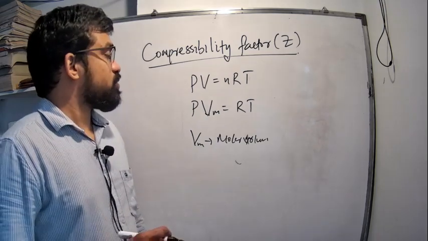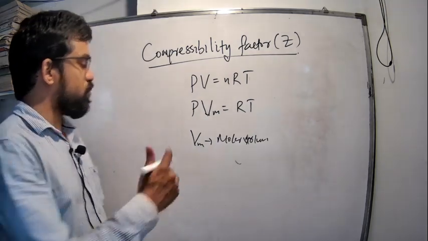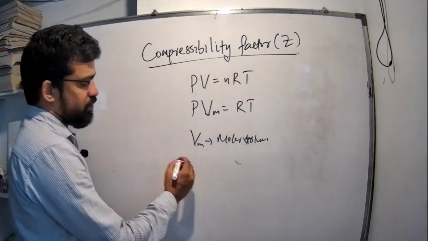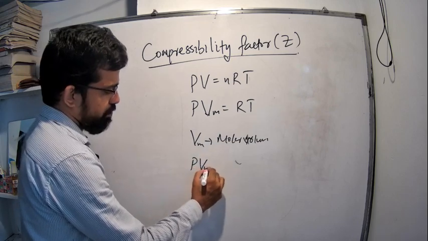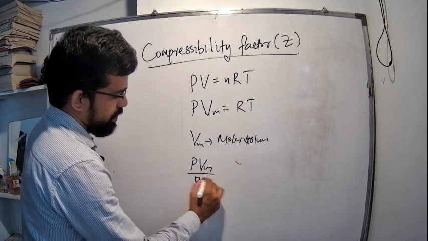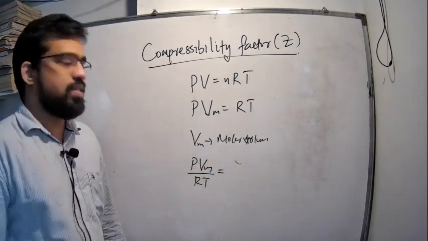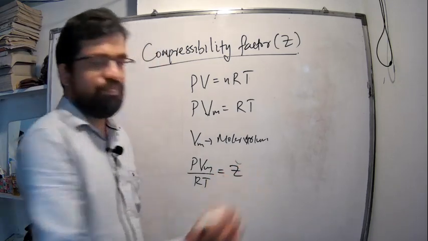Now, the compressibility factor is defined as PVm by RT. This is the compressibility factor.